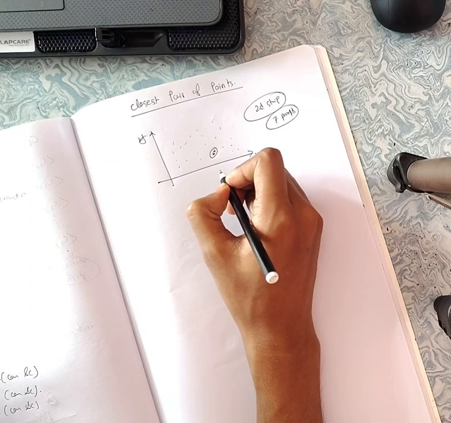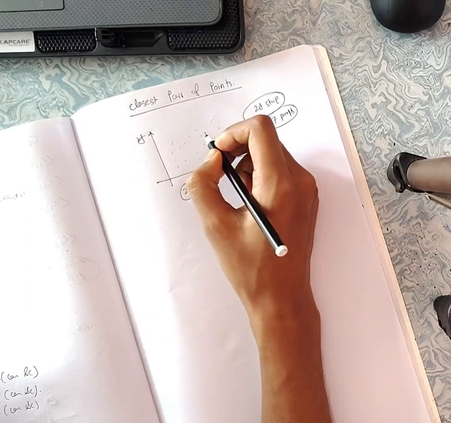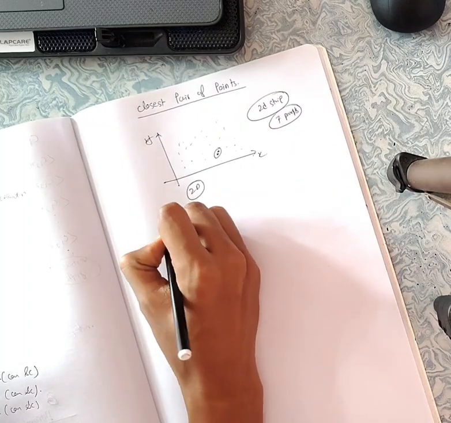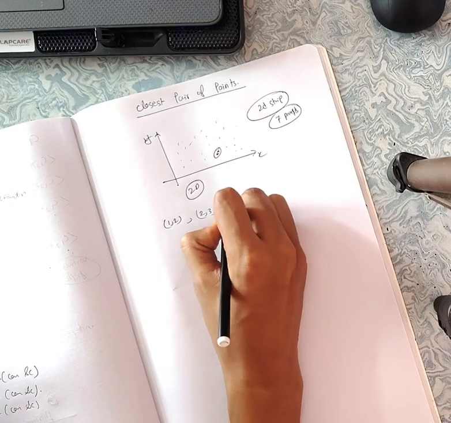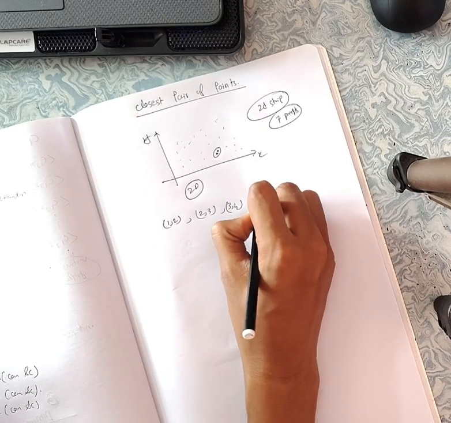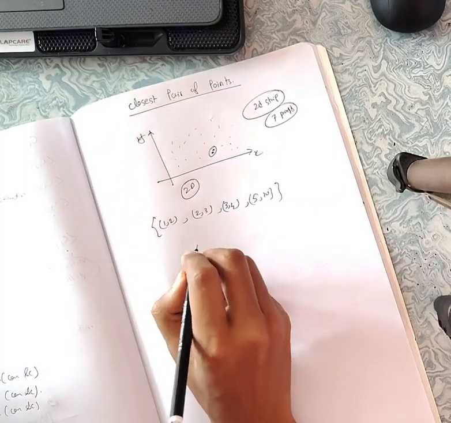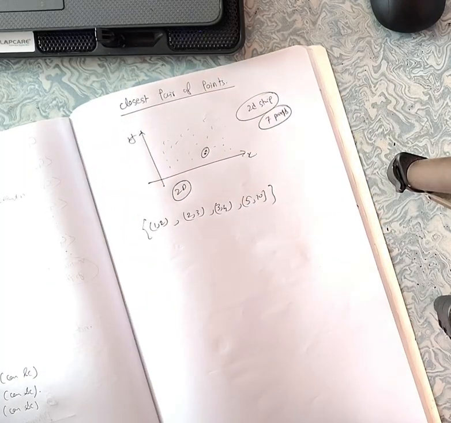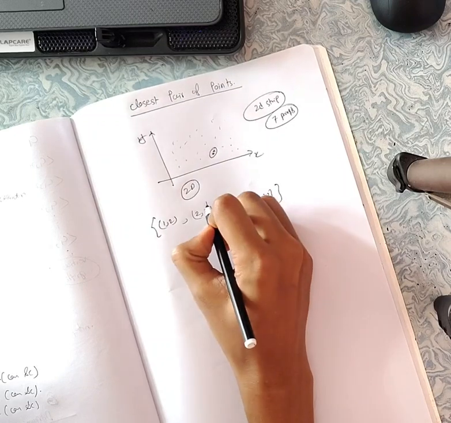So you are given a 2D plane, and you are given n number of points. Suppose the points are 1 2, 2 3, 3 4, 5 10. Suppose these are the points, and you need to find which pair is the closest.